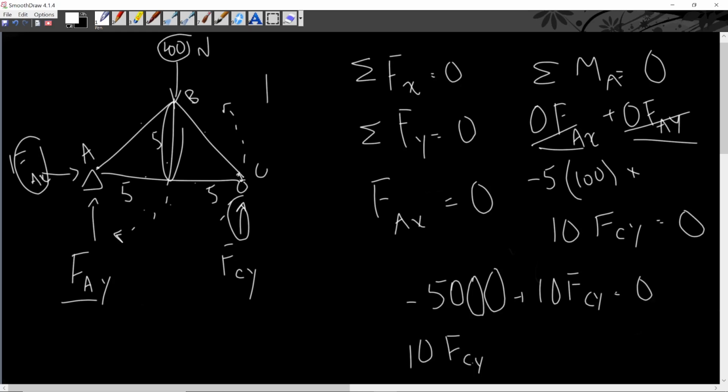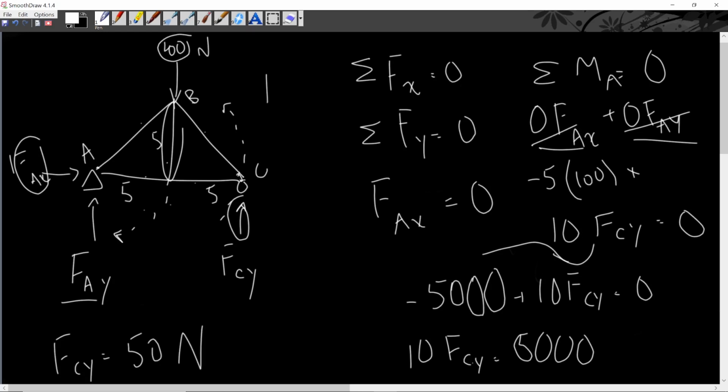So 10 FCY shall equal 5,000 when you add 5,000 to both sides, which means that FCY will just be 50 newtons, right? 5,000 divided by 10. And yeah, I think that makes sense.